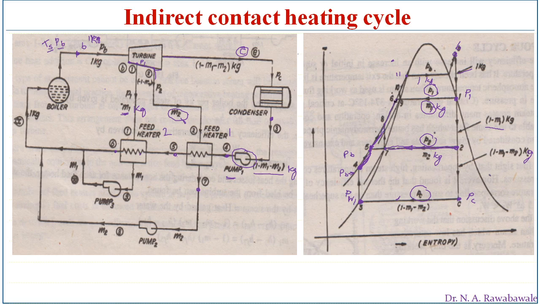So HF6 minus HF5 is the increase in enthalpy of condensate, whereas the enthalpy of steam decreases from H1 to HF9.